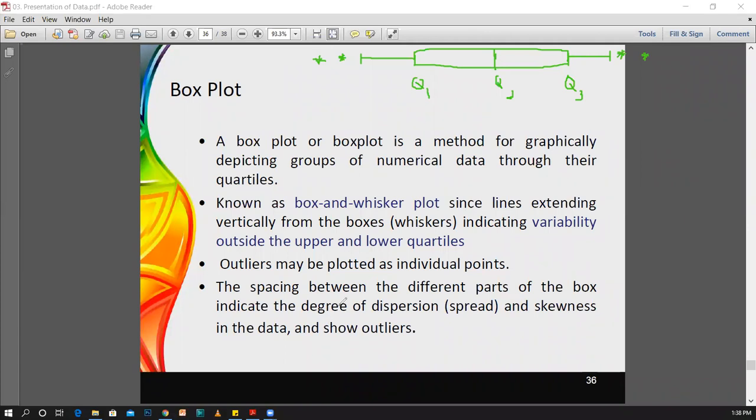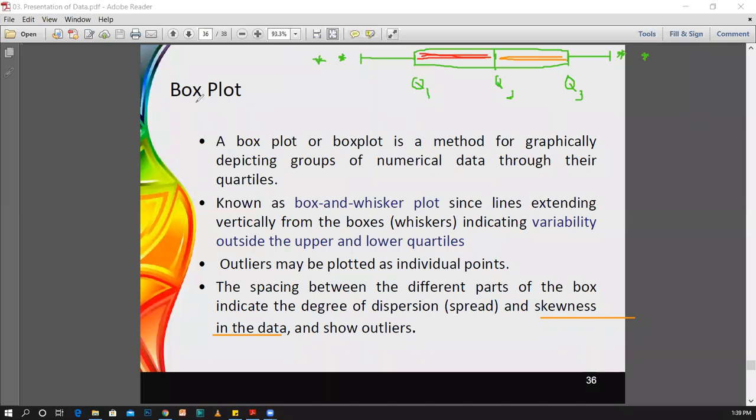And using the space between the red colored part and the space between the yellow colored part, we can comment on the dispersion and the skewness of the data, and we can show the outliers using the box plot. This is just a brief introduction to the box plot.